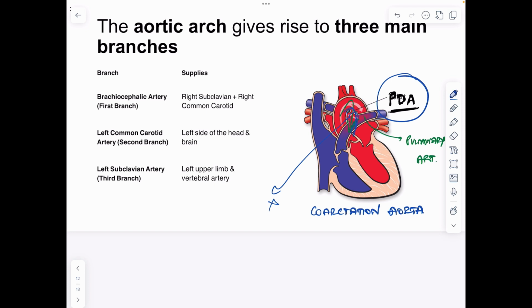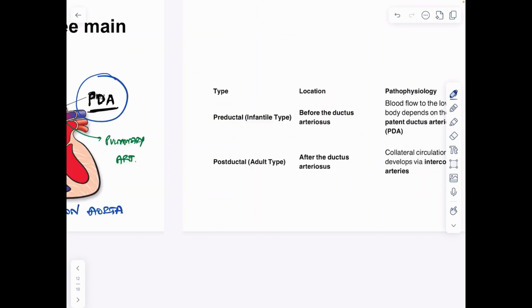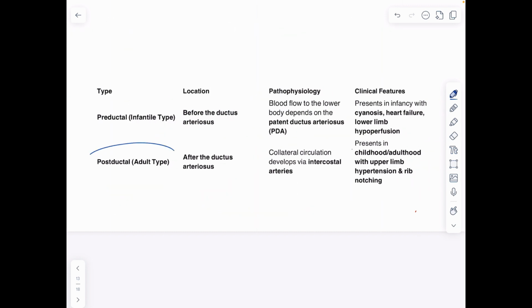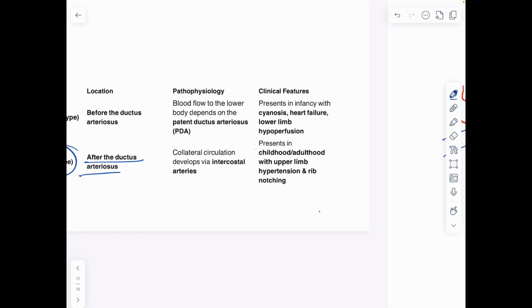That means narrowing of the aortic lumen at the site of the ductus arteriosus, and here exactly is where the problem arises. You see, coarctation of aorta is postductal. It is not much of a problem because it is located after the ductus arteriosus.